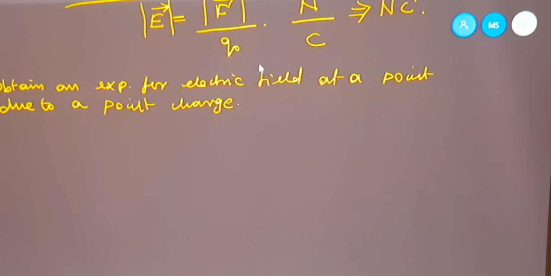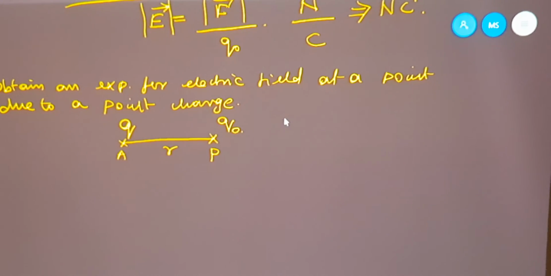A direct answer was not given in your book, but I am going to write the same thing in a simple way. Consider a charge Q at point A in your medium. At a distance r, you place another point. Let us take that point as P, and at that point I am placing the test charge Q0.